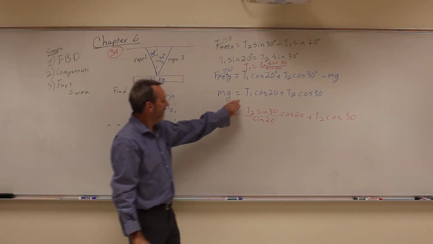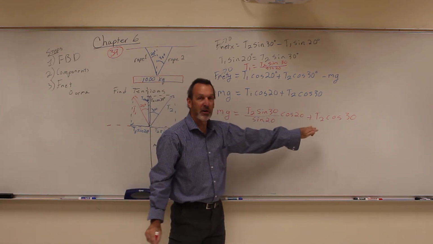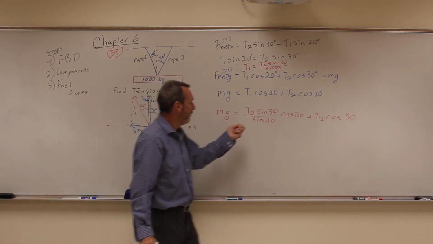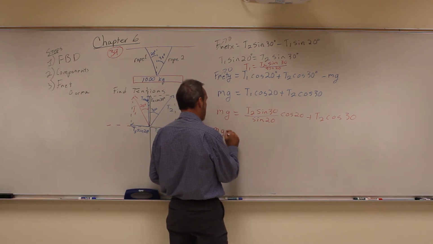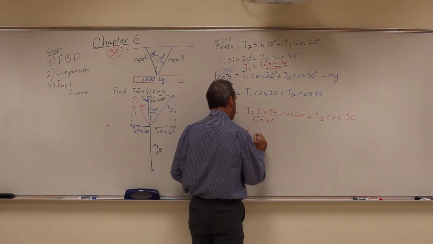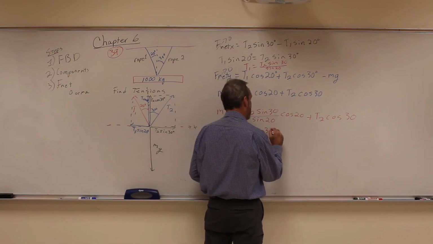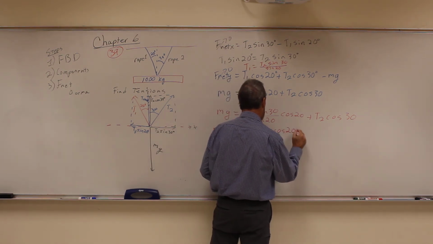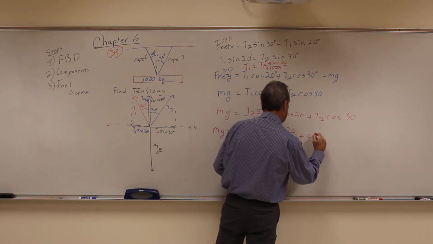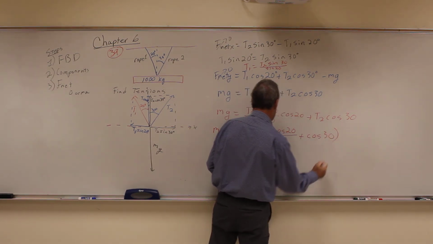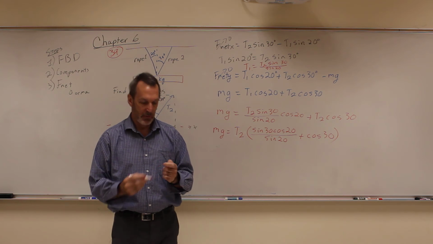Now what I did was I just eliminated T1, so I only have one variable now, and I can solve that for T2. So I'm going to factor out T2 from that side. I'm going to say mg is equal to T2 times sine of 30 cosine of 20 over the sine of 20 plus the cosine of 30. Remember, those are all just numbers.